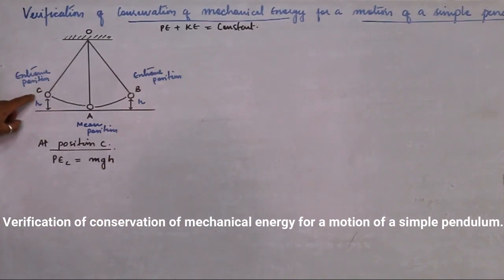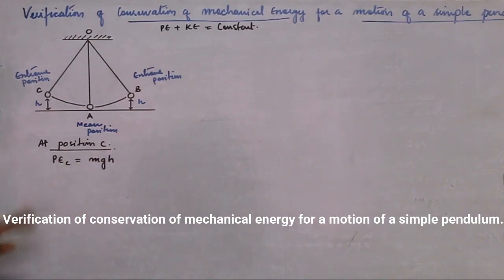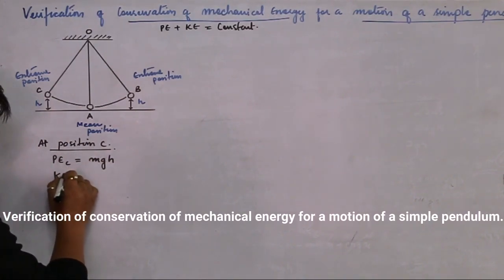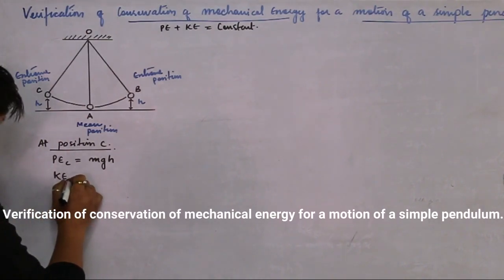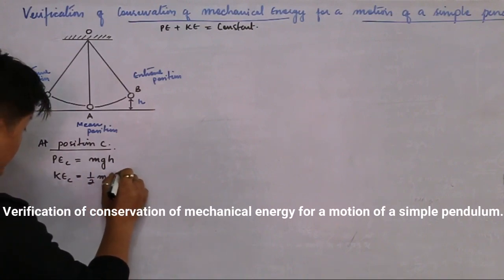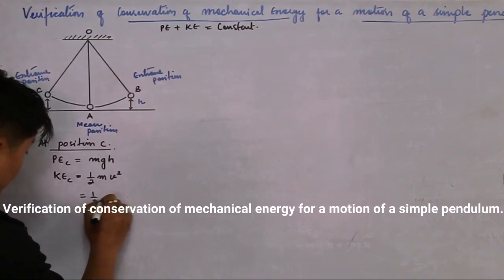Here the height at C is h maximum, so it will be mgh. And kinetic energy at C is equal to half mv square.